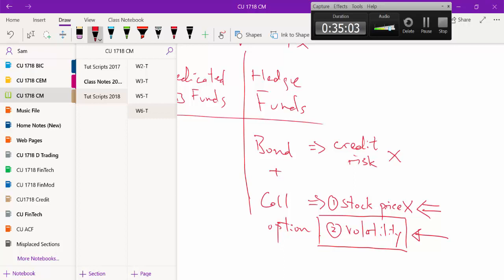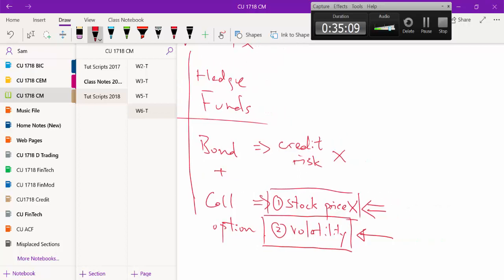Now, the question is, how do you get rid of this risk? Think about it. For a call option, when the stock price goes up, your call price goes up.